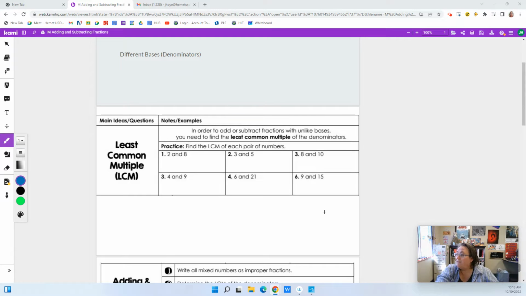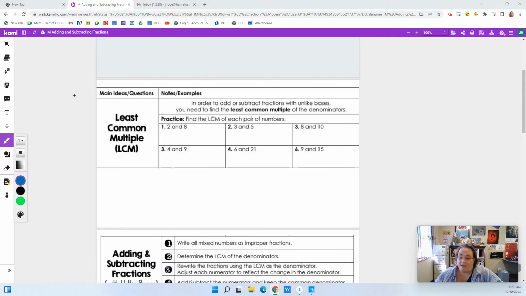So if I have 2 and 8, right? These numbers are clearly not the same. So the first thing I want to look at is, does 2 go into 8? Like if I divide 8 by 2, will I get a whole number answer? 8 divided by 2?